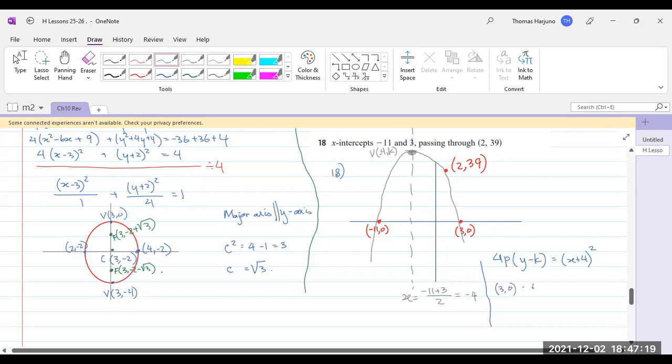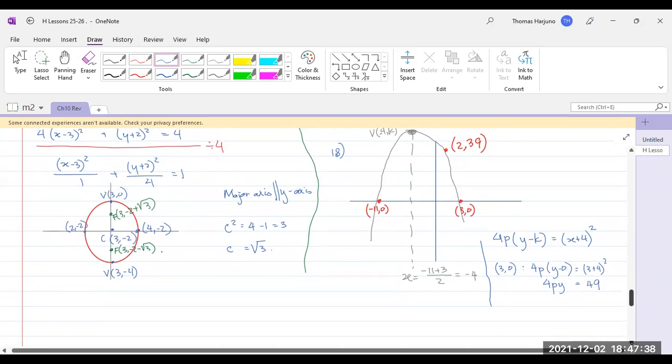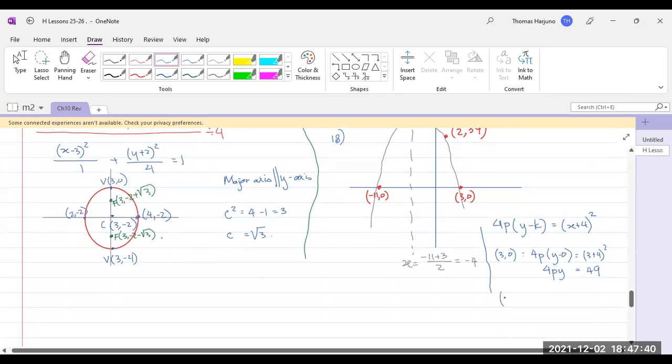Let's plug that in. y minus 0 equals (3 + 4) squared. So we get 4py equals 7 squared, which is 49. Now, another thing we know is that it passes through (2, 39).